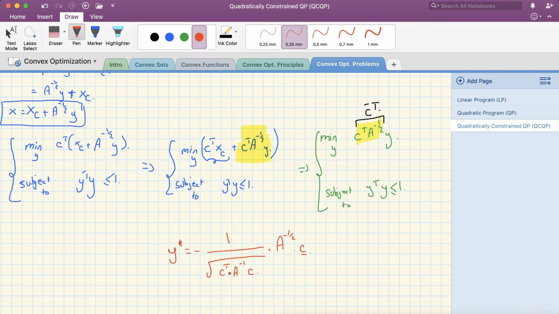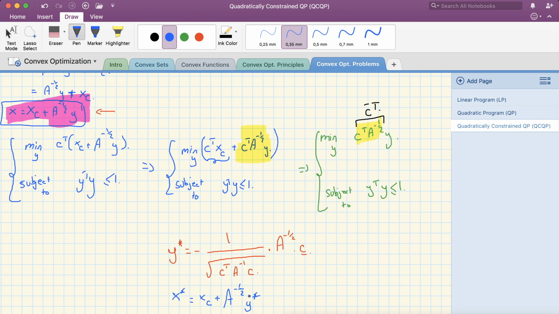Now to get x star, I need this equation right here, right? So this one. Let's copy this so that we get x star. So x star is xc plus A minus half y star.